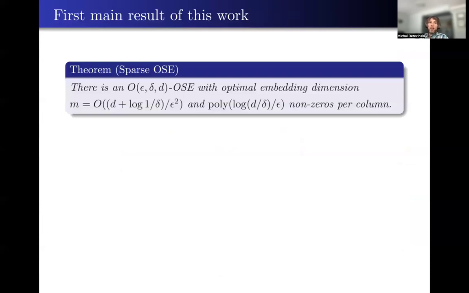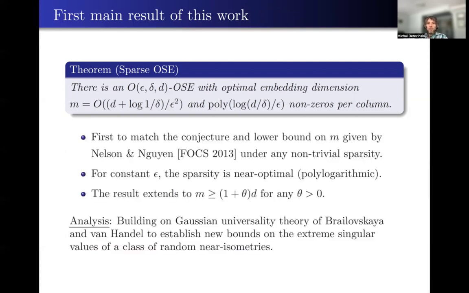So the first main result of this work is basically to show that there is an OSE with optimal embedding dimension, as we've shown, d over epsilon squared, and a non-trivial number of non-zeros per column, specifically polynomial in log d over epsilon. So what's remarkable about this result?